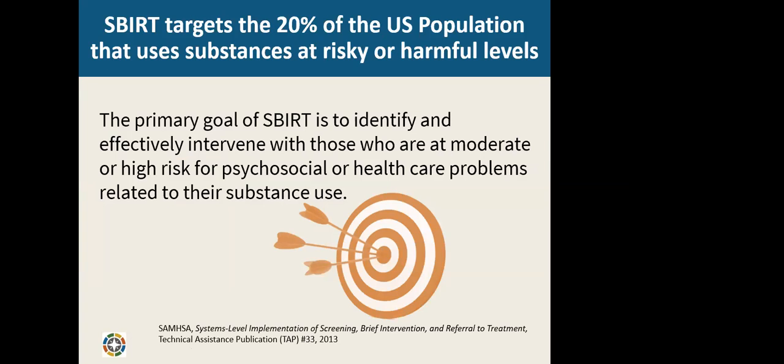Now, there's a certain percentage, about 5%, that are going to fall in that risky category. We're still going to use a brief intervention, but the purpose of that intervention is going to be slightly changed. We want to, at that point, be motivating those individuals to take that referral or to show up for that referral, to engage in that next step of treatment.